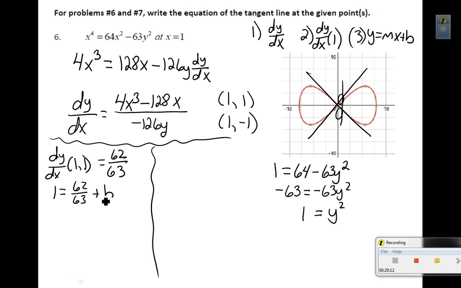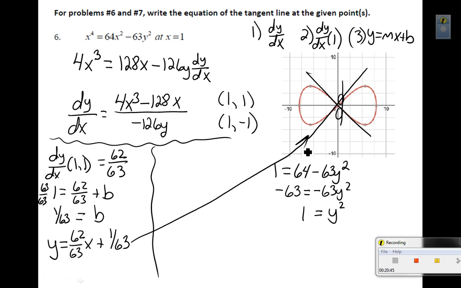Since I don't like touching my calculator, I'm going to think of 1 as 63 over 63. So that when I subtract 62/63, b is going to be 1/63. So one equation is y equals 62/63 x plus 1/63. Woo! What did you just find? The equation of that line right there.